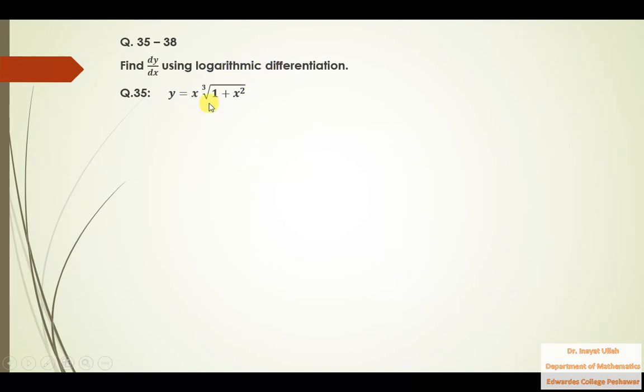So we must take the log of both sides. You see, product rule is involved here, power rule is involved here, so that function is a bit difficult to differentiate directly. So taking natural log on both sides, we have taken the natural log of y and natural log of this side. Now use the properties of log.